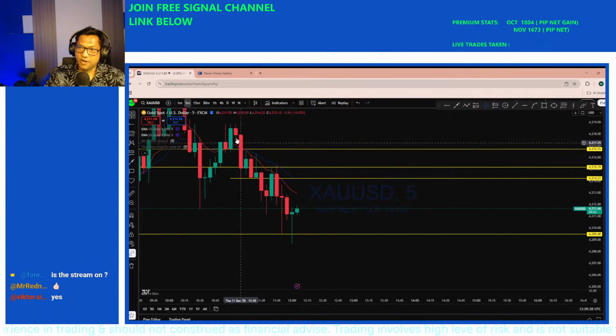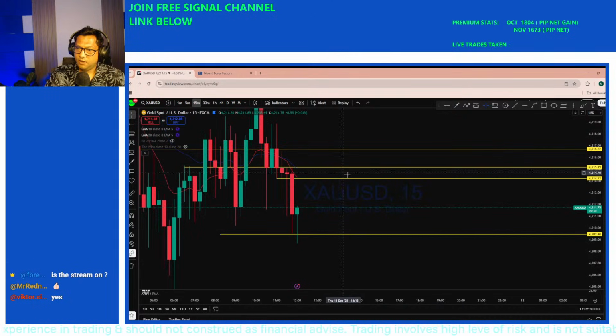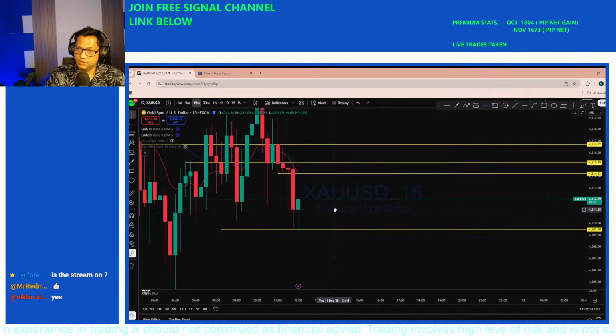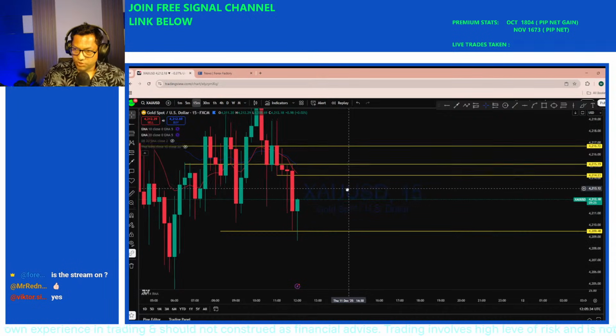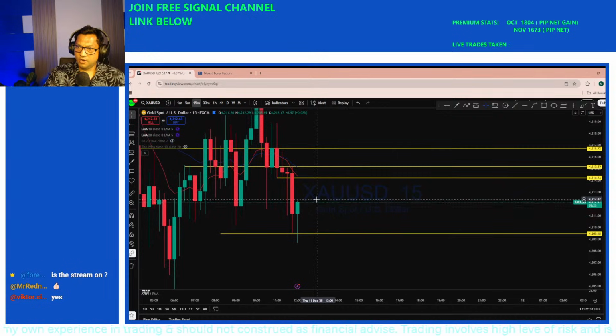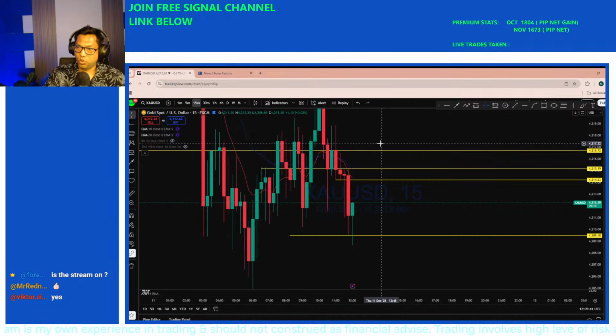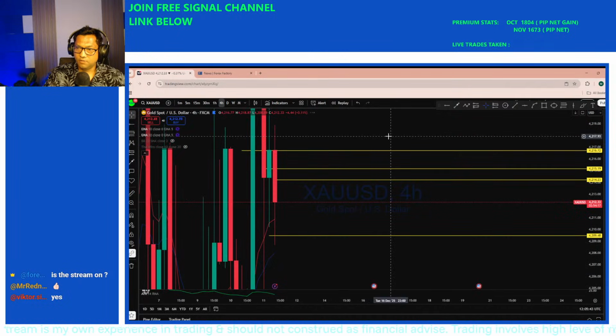So there is a pin bar, and the market may create bearish pressure here, and that might bring the market further lower. We'll be looking to see what kind of market structure is forming.